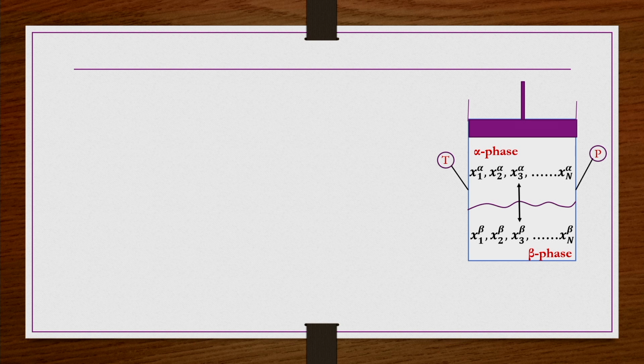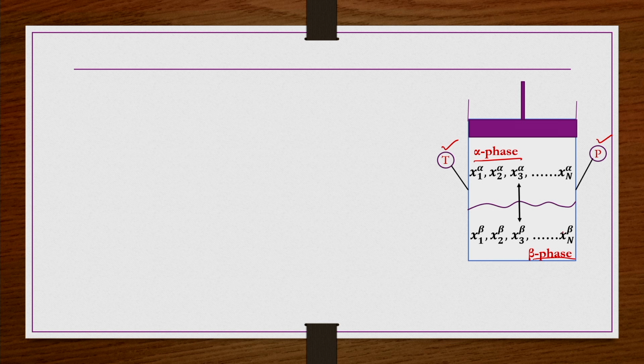So, now let us consider a closed system. Okay. Here we consider a closed system where there are two phases, alpha phase and beta phase. The temperature is T and the pressure is P. So, this system is in equilibrium, right.